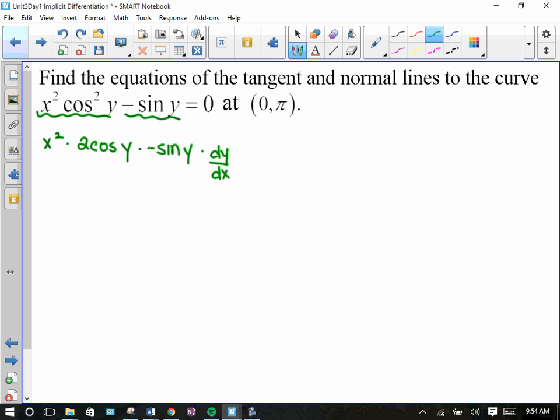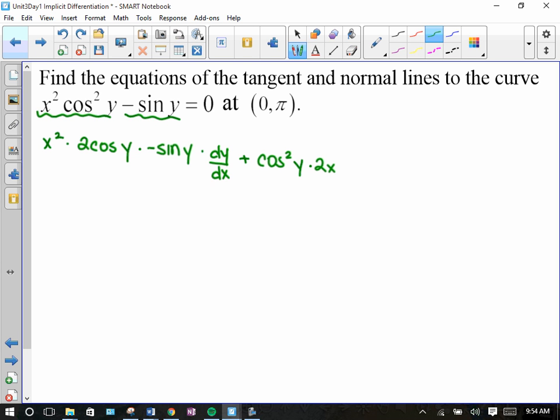Then add to that v du: cosine squared y times the derivative of u, which is 2x. That takes care of the first term.